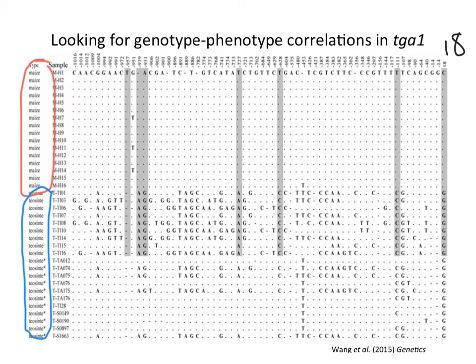So what's to the left of the transcribed part of a gene? Starts with P. Yeah, say it louder. The promoter. So all of these DNA sequences they're looking at, all the negatively numbered ones, they're looking for DNA sequence changes in the promoter of this gene. The gene called TGA1. This is the gene that controls whether or not the fruits are closed or open.